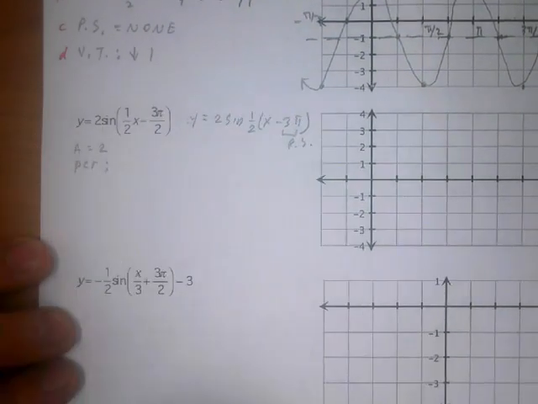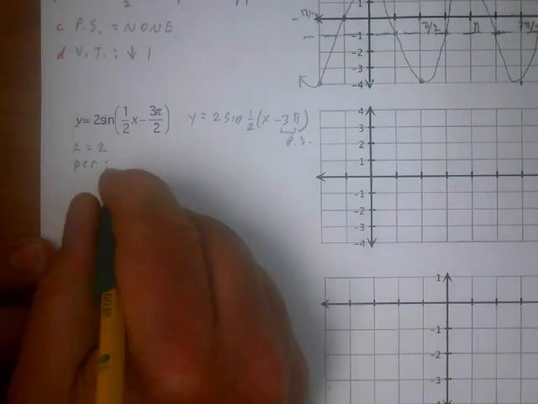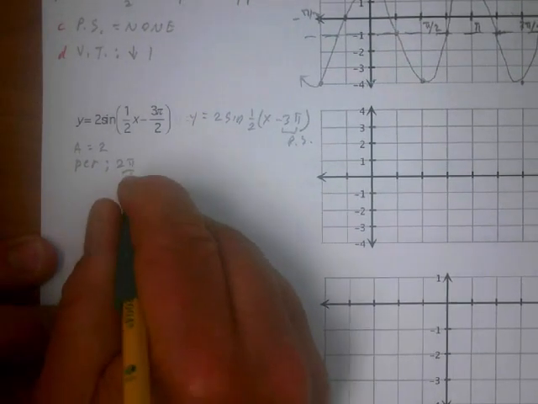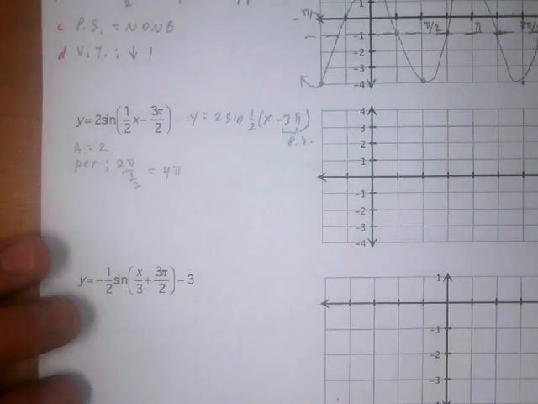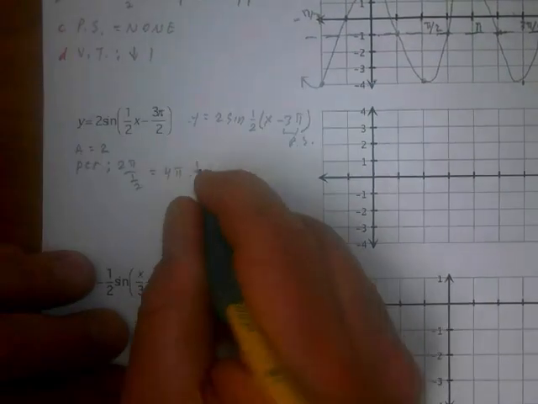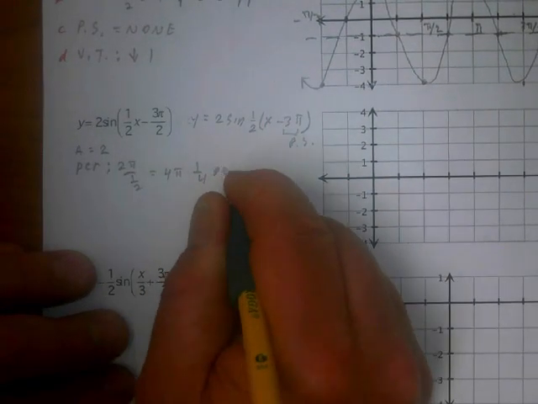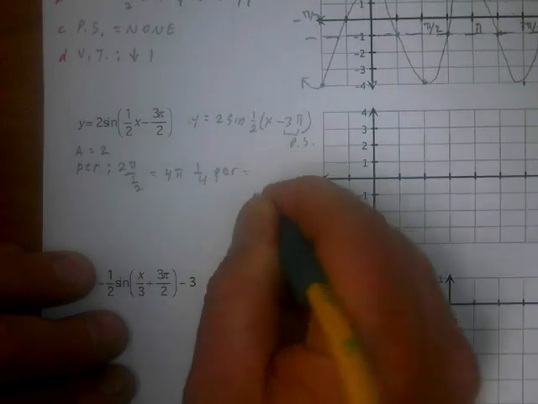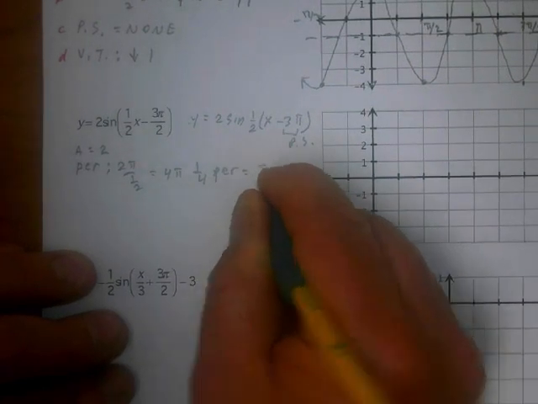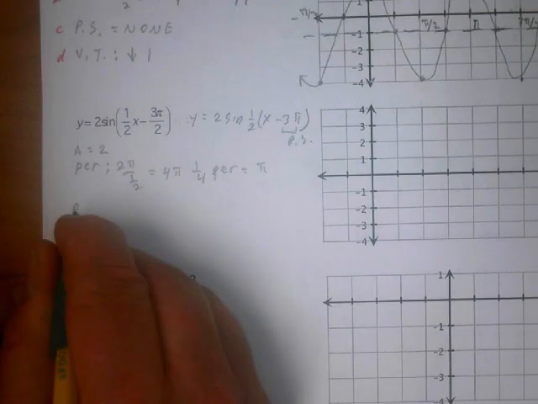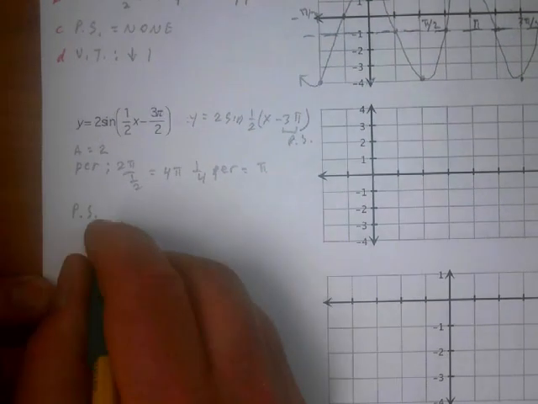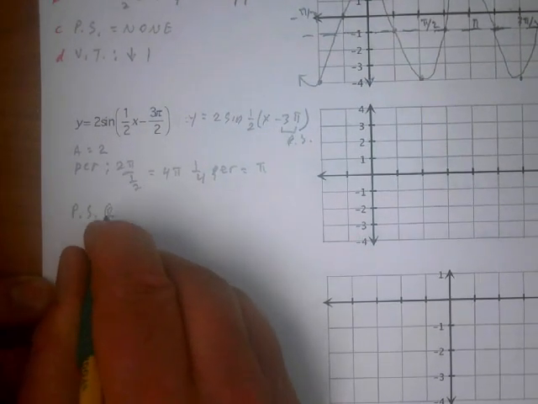Amplitude is 2. Period is 2 pi over 1/2, which is 4 pi. Quarter period equals, well, that's going to equal pi.